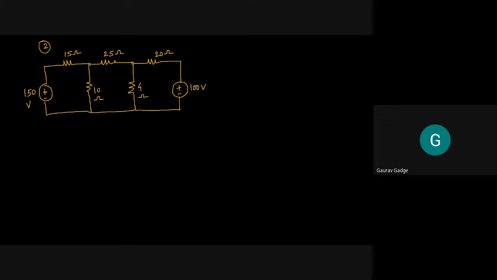And find out the current passing through this particular branch, that is I25 is question mark. Find out the current passing through the 25 ohms branch.